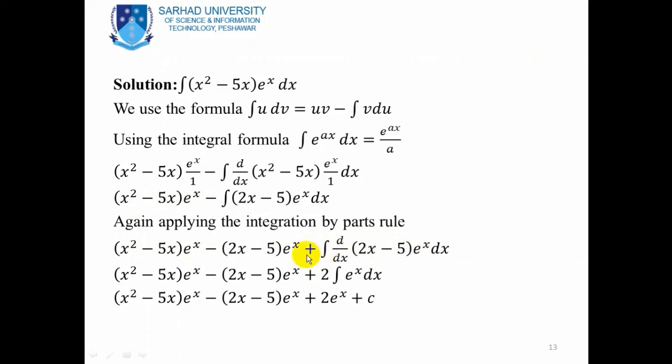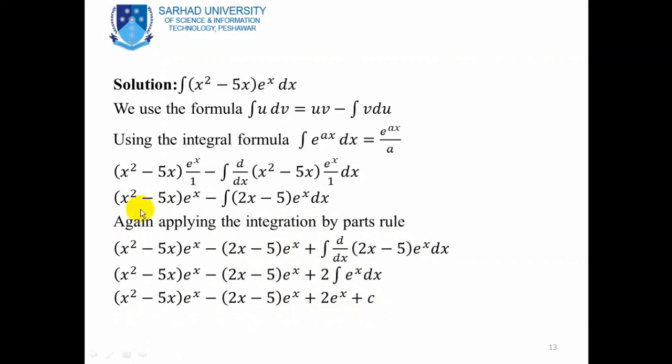Now using the integration by parts formula we obtain only one term, e^x, since the integration of e^x is e^x. So the obtained result is (x^2 - 5x) e^x - (2x - 5) e^x + 2 e^x plus the constant of integration.